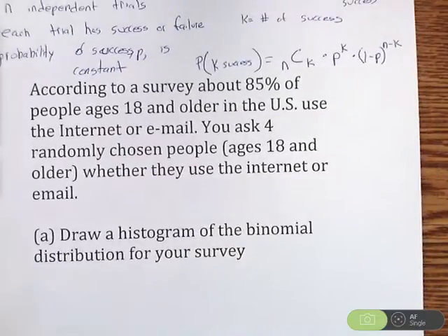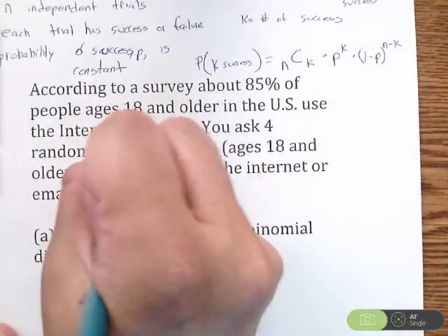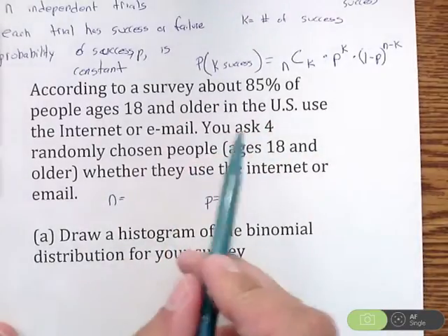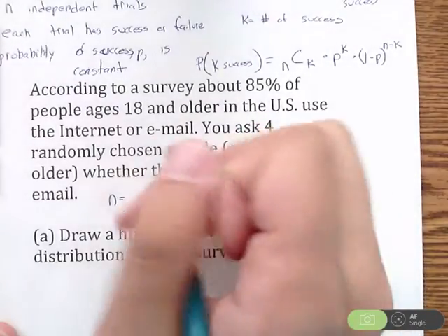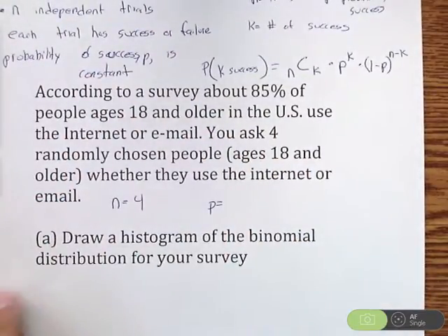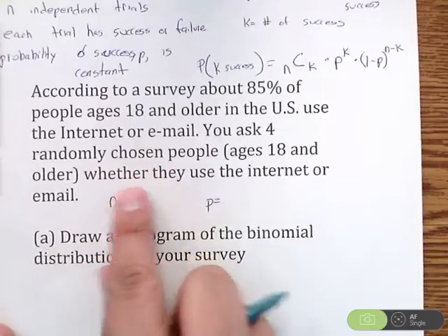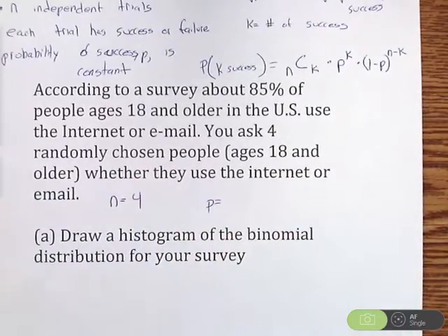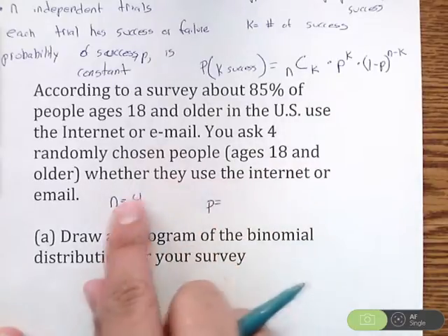First thing I like to do is pick out what n and p are, and make sure this is binomial. We're asking randomly chosen people, and since it's randomly chosen, that makes it independent. We want to know the number of people that use internet or email.